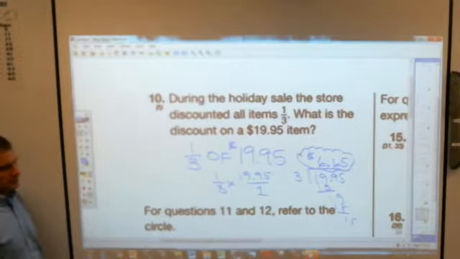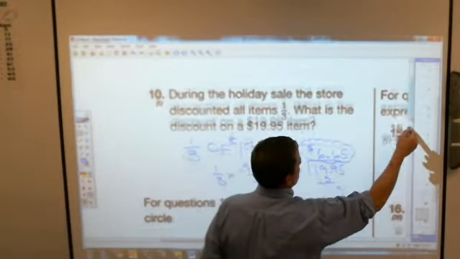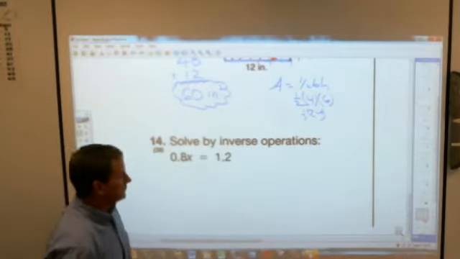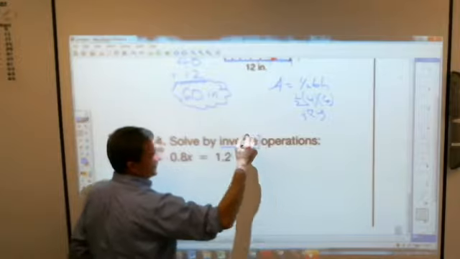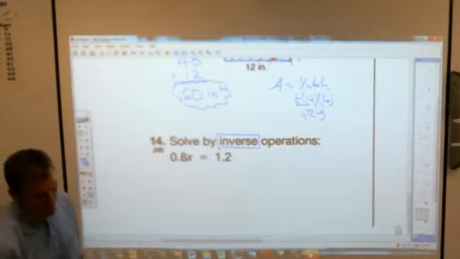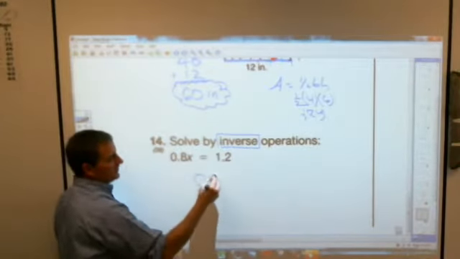Madison? I'm confused on how to do number 14. No more than I. What is number 14? Ladies and gentlemen, we talked about this before. What does inverse mean but nothing more than opposite operations? We talked about this with equations. You have this equation.